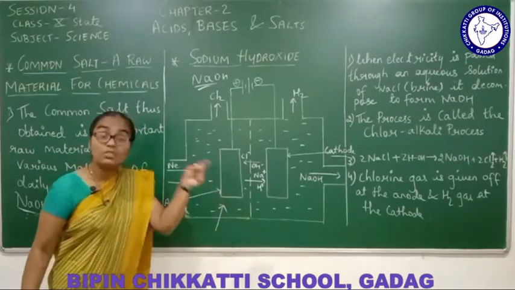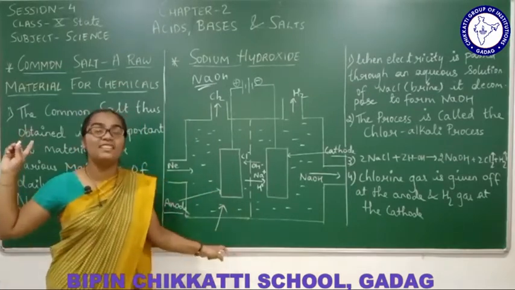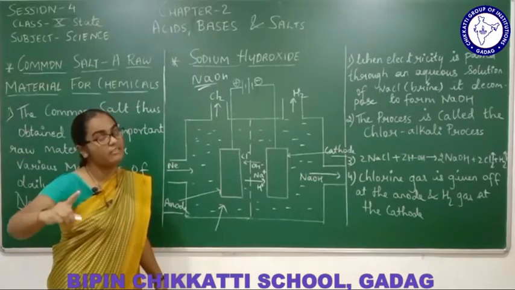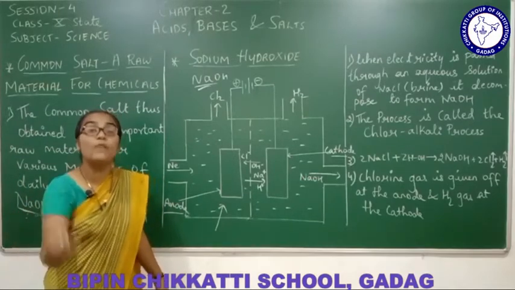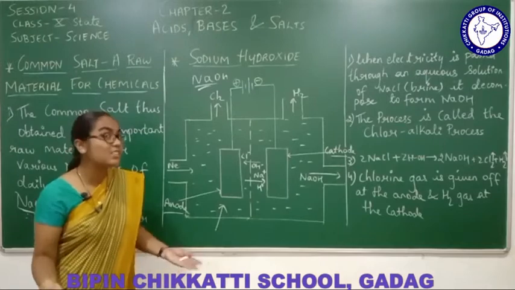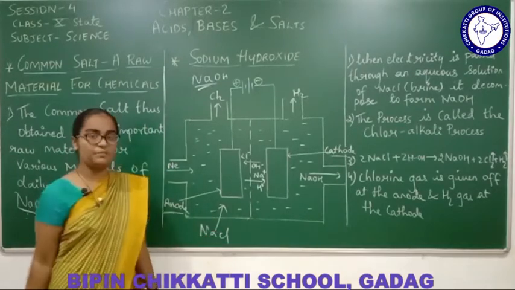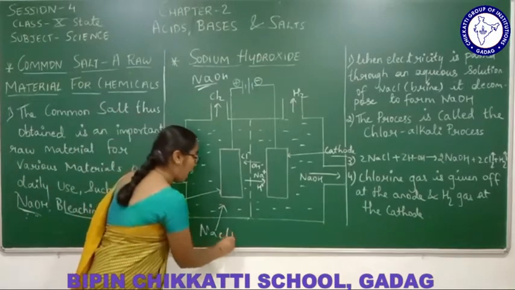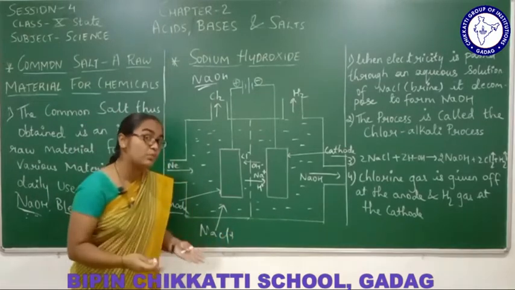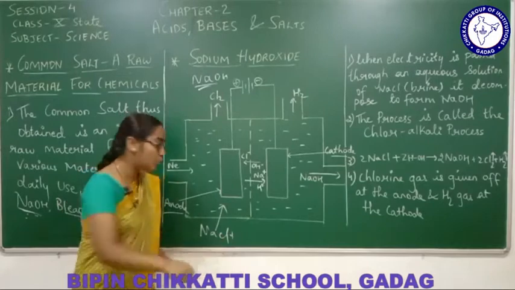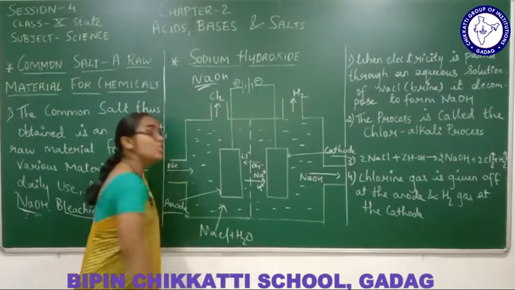Now, which solution are we using here? What are we recovering? We are obtaining NaOH from brine solution. Now what is brine solution? Brine solution is nothing but NaCl solution. NaCl is added into water to form the solution.